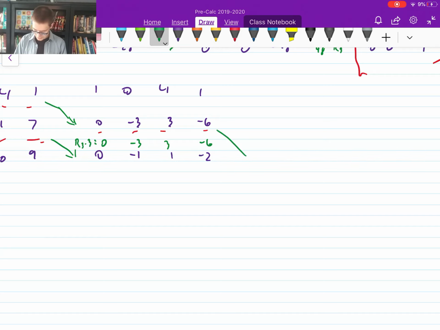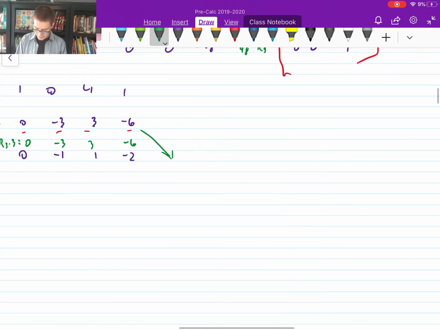This goes down here. Okay, so 0 minus 0 is 0. Negative 3 minus negative 3 is 0. 3 minus 3 is 0. And 6 minus a negative 6 is 0. Interesting.